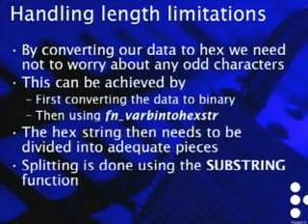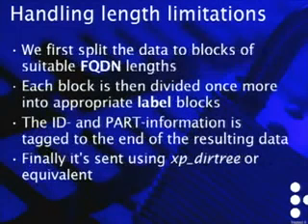The hex string then needs to be divided into adequate pieces. And this is most easily done by using the substring function. So what we actually do is that we first split our data into suitable fully qualified domain name lengths.